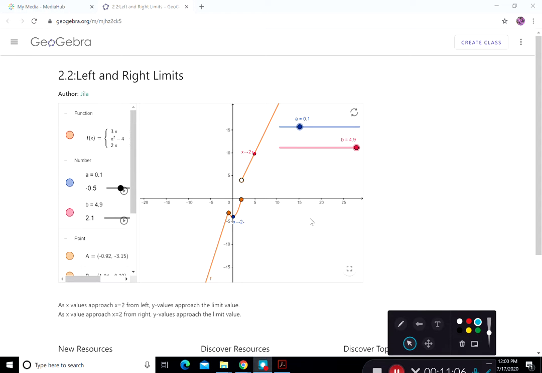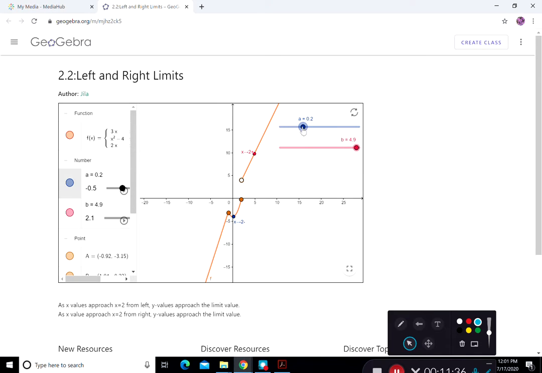So this is an example of a left and right limit. Observe that there's a blue point right here, and the blue point is sitting on the graph of the function. Let's try to find how the value of the function changes as the x value approaches the point 2, from the left side, from the lower values.